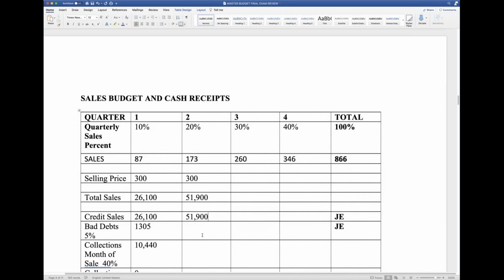You're going to stay with the quarter you're in, so you're going to take 5% of the 51,900. Oh, okay. Never mind. Okay, so I do the 5% of the 51,900, and I get 2,595.